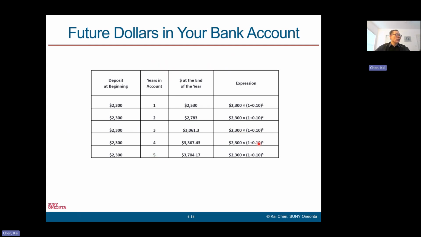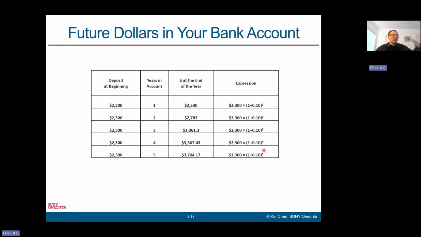To find out this future value is pretty easy. What we are going to do is just use this formula, right? For each year, the change is only the power.